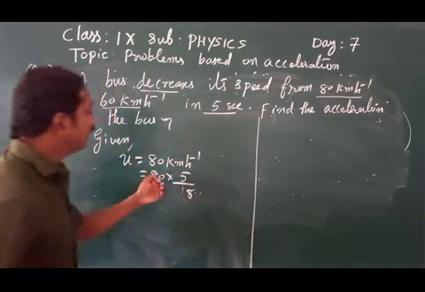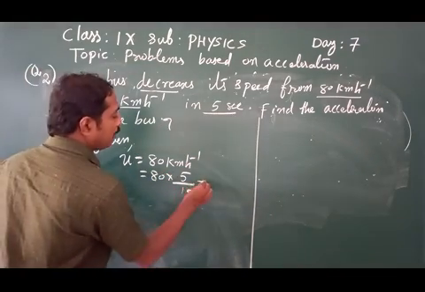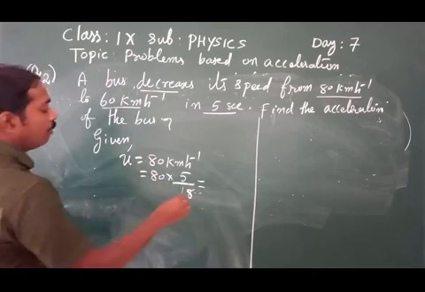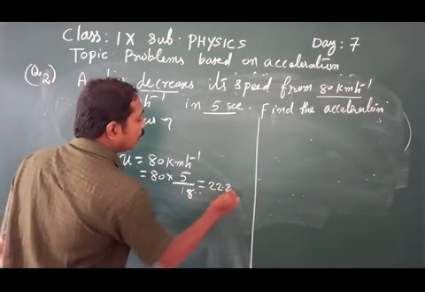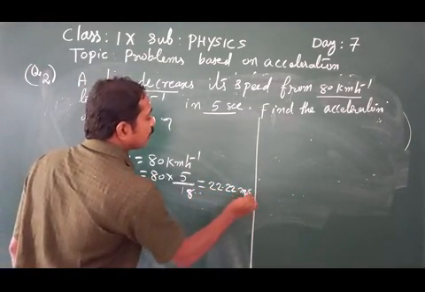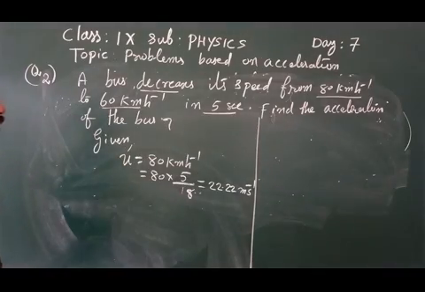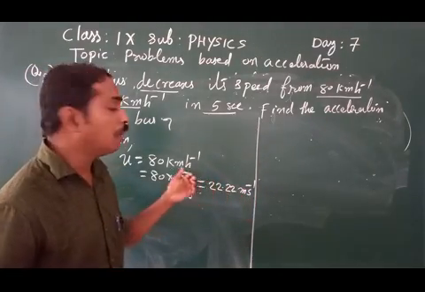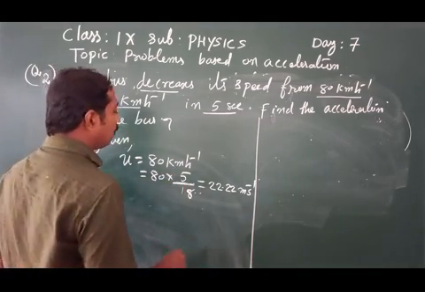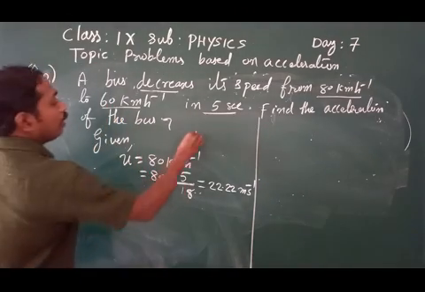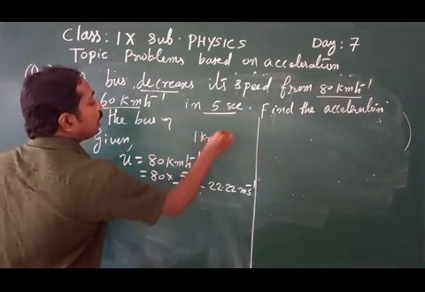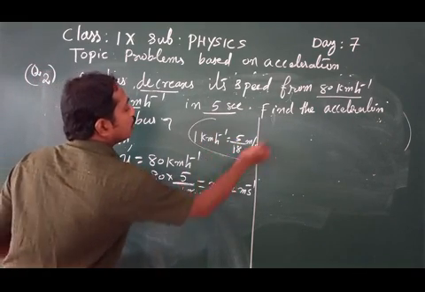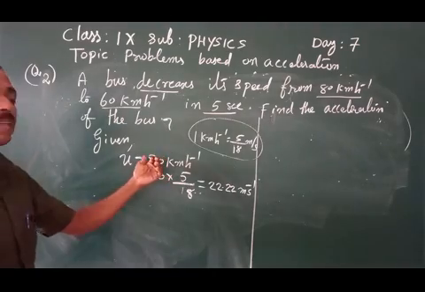So we get 80 into 5 by 18, then we will get 22.22 meter second raised to minus 1. In the previous problem I told you, 1 kilometer per hour equal to 5 by 18 meter per second. This is the conversion step we are applying.